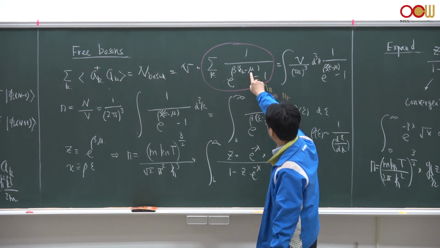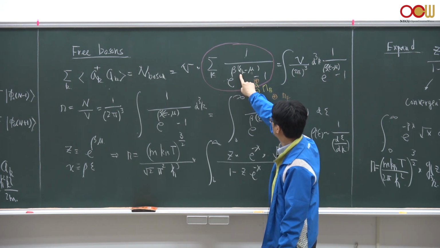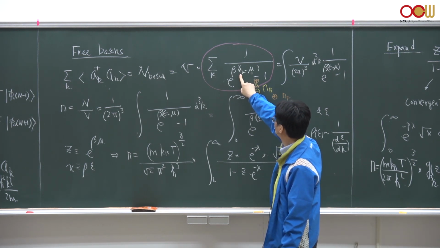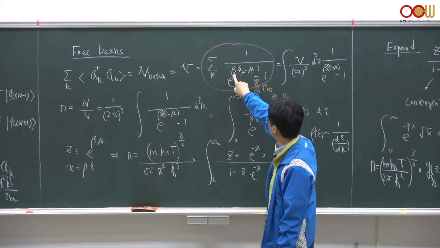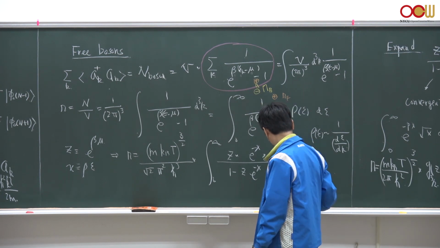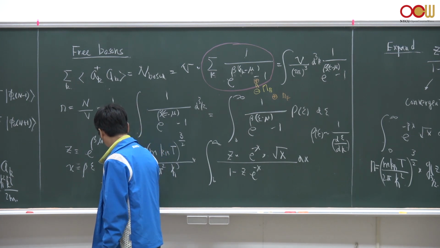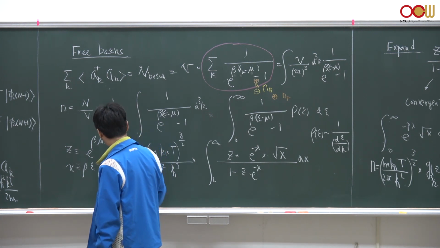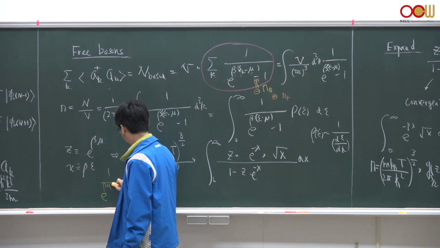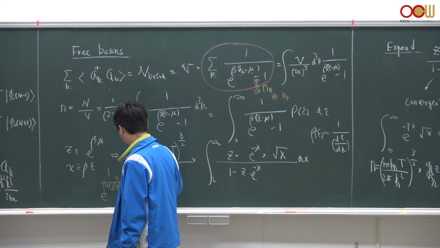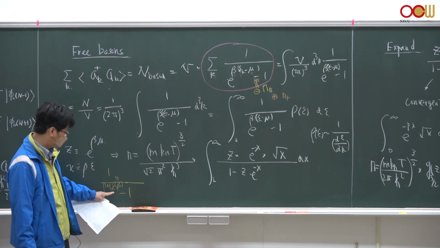You can see very clearly that if mu is 0 and epsilon k is 0, and the temperature is finite but low enough, then this denominator already vanishes, because e to the beta times epsilon minus mu, with epsilon 0 and mu 0, minus 1, is e to the beta times 0 minus 1.